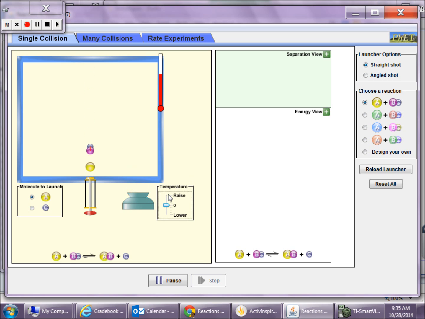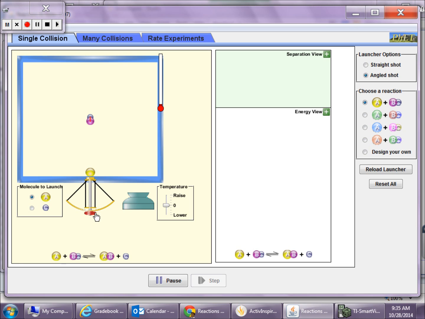When you increase the temperature, you increase the average kinetic energy, and they have a better chance to react. Not only do they need to react with enough energy, they also need the right orientation. If they are colliding but not with the right orientation, nothing will happen.